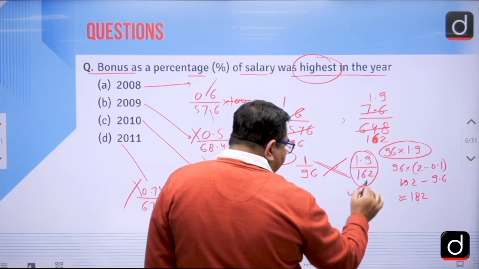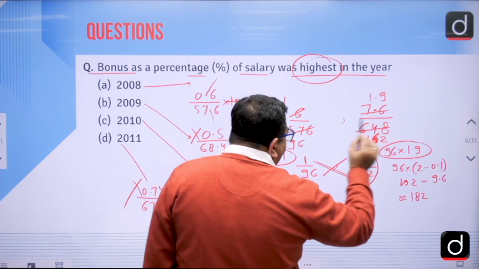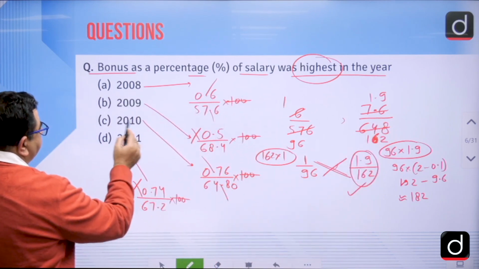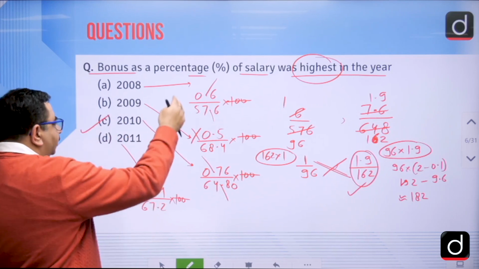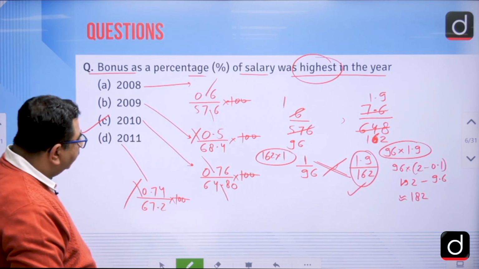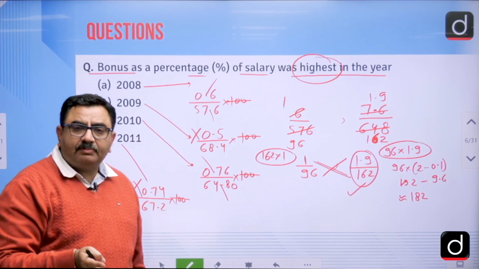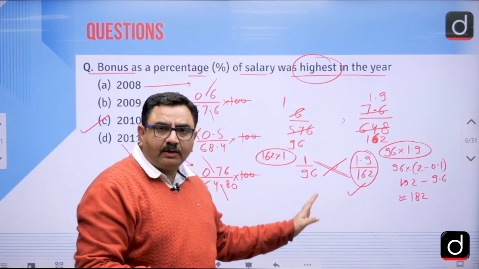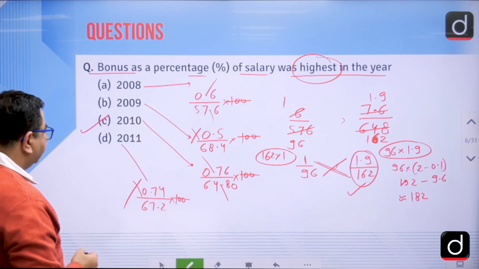So if this is greater, then that fraction is also greater, right? So this is 7.6 by 648. This was for 2010. So my answer is Option C. So some of the options we can negate just by observing them, right? Just two options will be left, then those two we can do in this manner, cross multiply, and then we can check. Now let's see further questions.